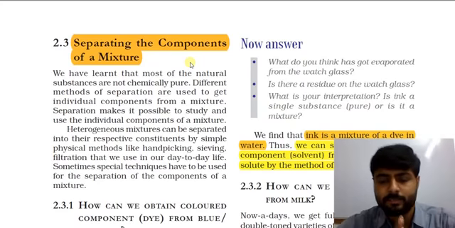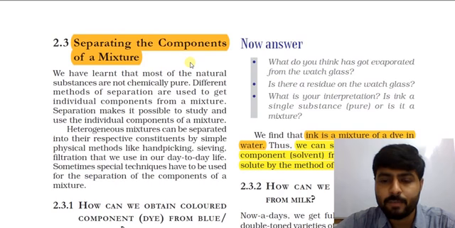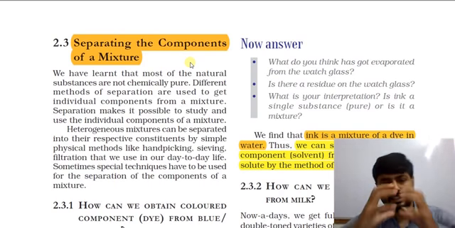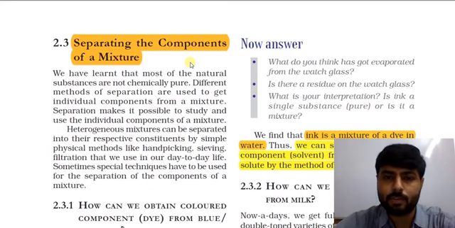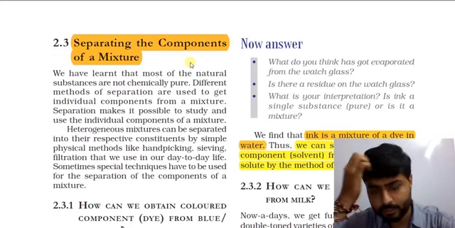In the next session, we will see our next important topic, separating the components of a mixture. We have already seen from what these mixtures are formed and what the nature of the mixture is. Now we will look into how we can separate the particles of a mixture like solution, colloidal solution or suspension.